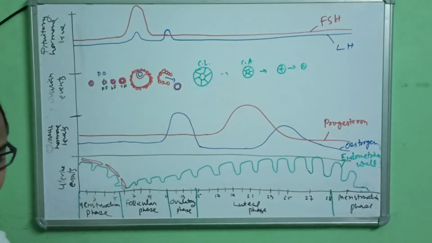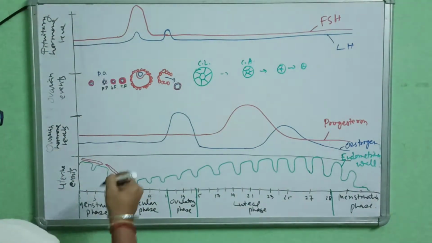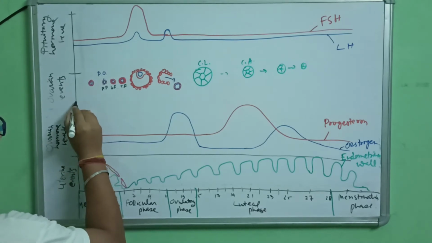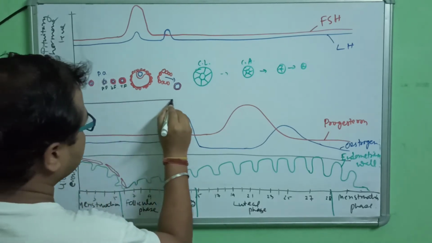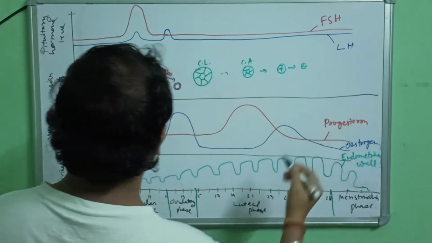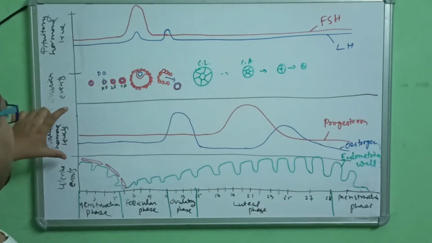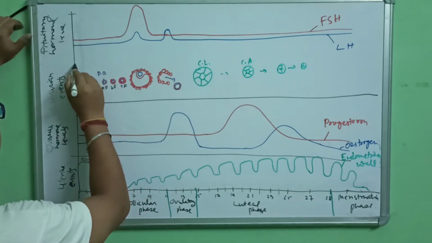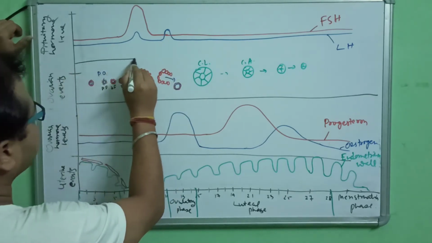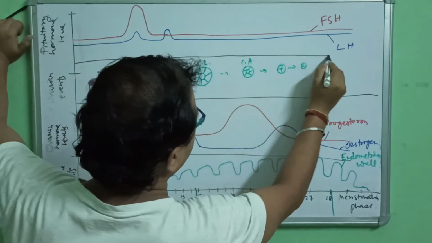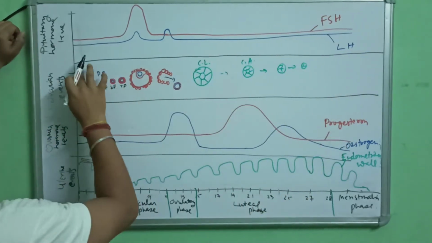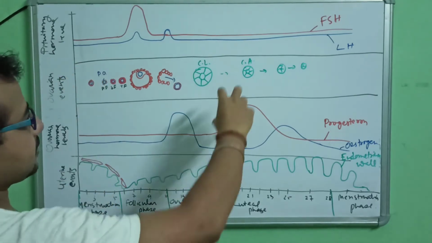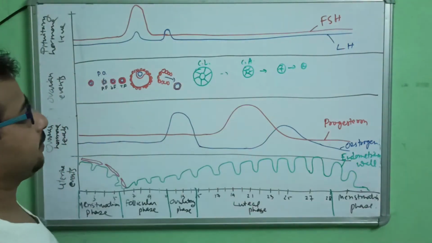So let's differentiate the levels here. This is the ovarian hormone level shown here. Ovarian events and then hormone level.